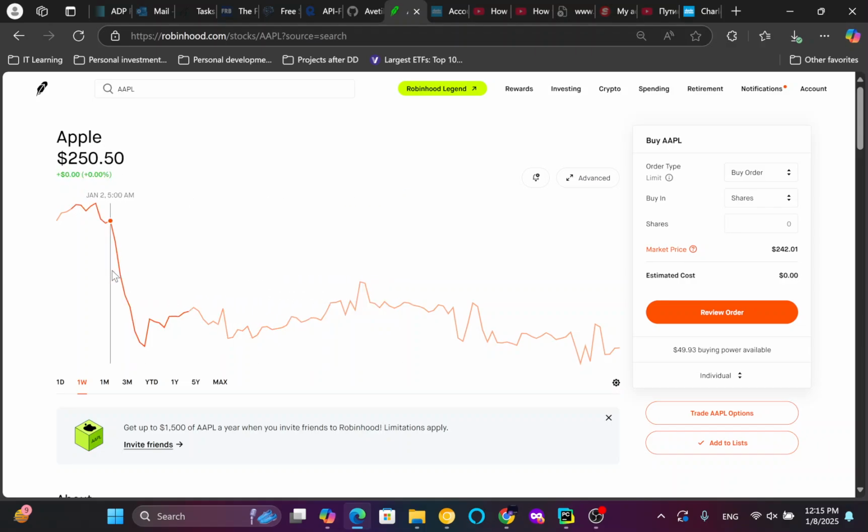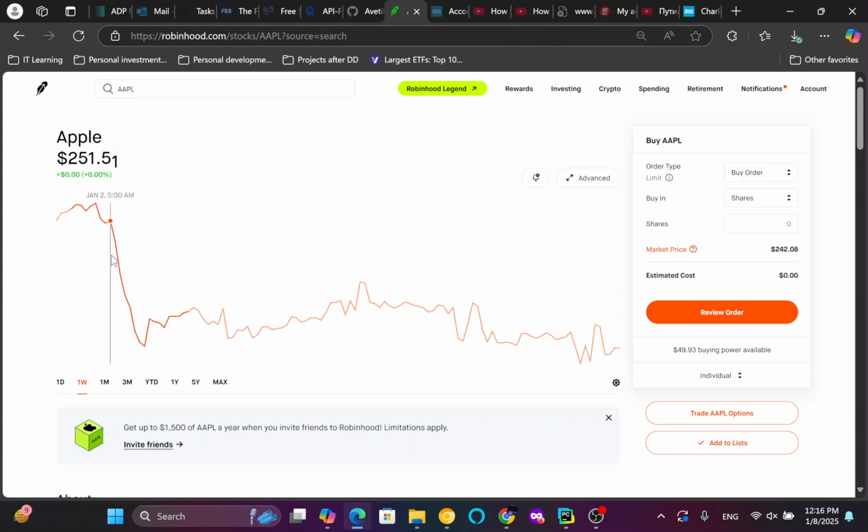And the fourth one, and sometimes the most important one, is investor sentiment. Emotions play a huge role. Fear often causes panic selling, while greed can lead to overvaluation. January the 2nd, 5 a.m., I believe it was the first trading day after New Year, and sometimes after New Year, when the celebrations are gone and the new work year has started, people are keen to go negative on an emotional level, which, if you are an investor, can affect your holding.